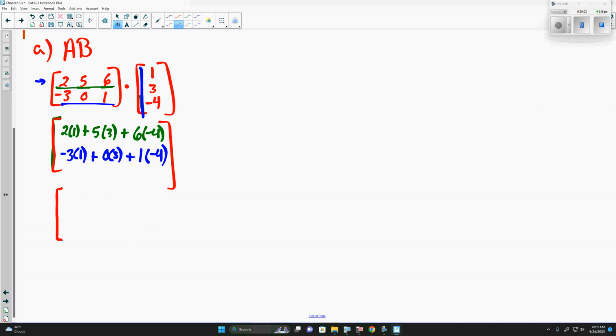Now at this point, we just need to simplify. So 2 times 1 is 2. 5 times 3 is 15. And lastly, 6 times negative 4 is negative 24. We can do the same thing with the second row. Negative 3 times 1 is negative 3. 0 times 3 is 0. 1 times negative 4 is negative 4.